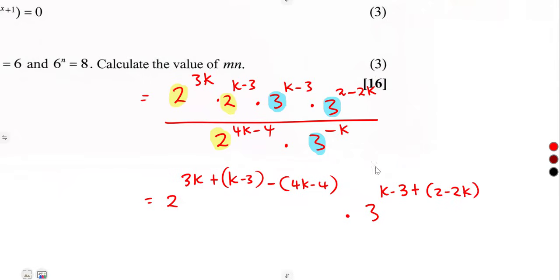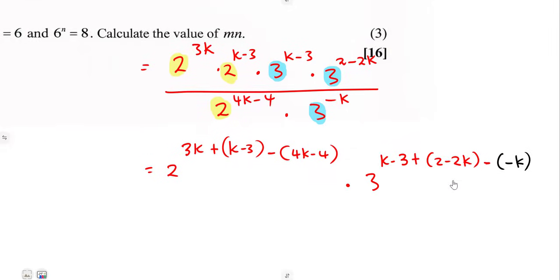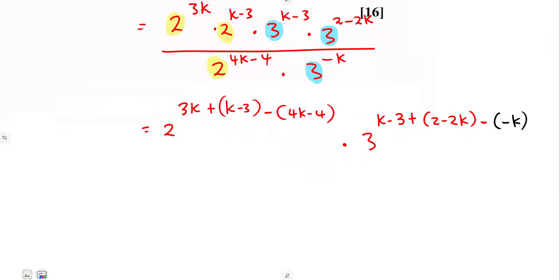Then the denominator is under division, so we must subtract. We are subtracting minus k. Division, remember our law. So you're going to simplify these exponents.